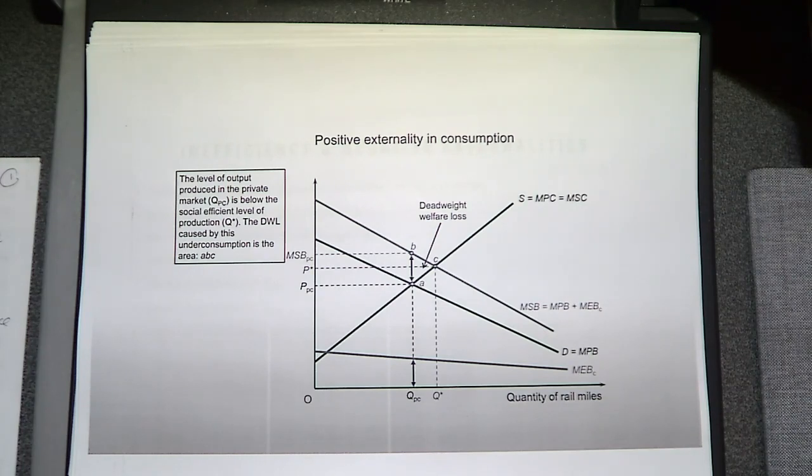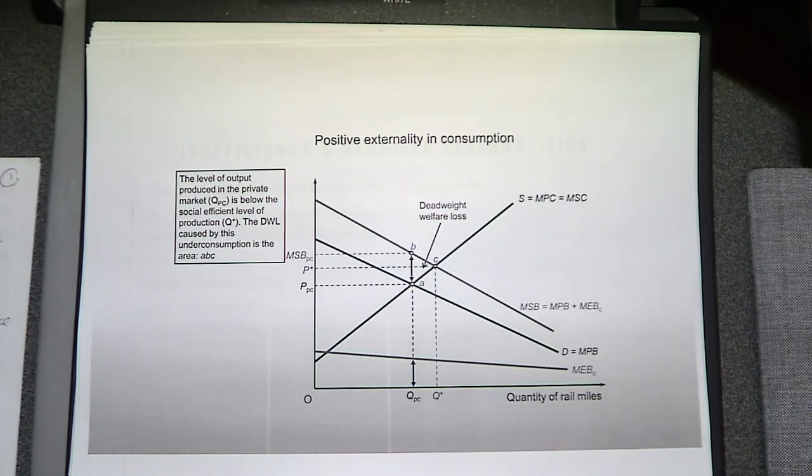Now, in reality, the optimum consumption would be above what the private market is consuming, okay? So there is a deadweight loss from the underconsumption generated by the private market.